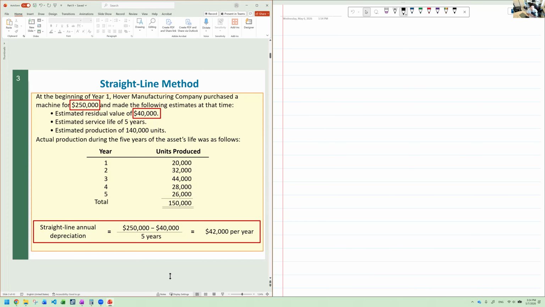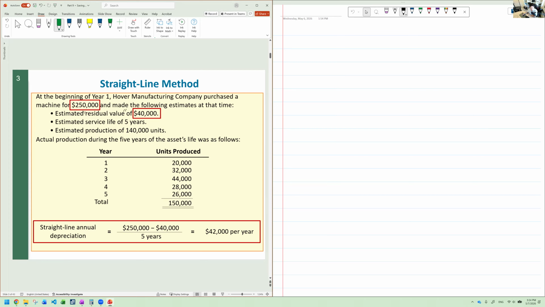All right, so at the beginning of year one, this company purchased a machine for $250,000 and made the following estimates at that time. So estimated residual value, $40,000. When we say residual value, that is basically the estimated value of the long-term asset at the end of service life.